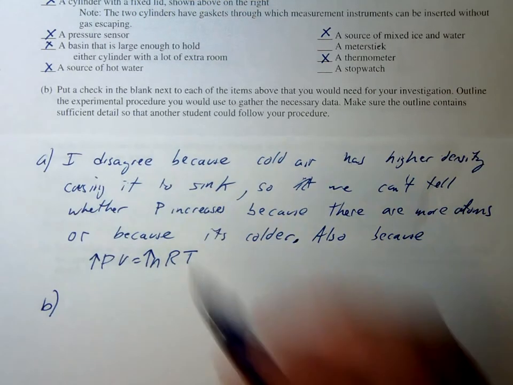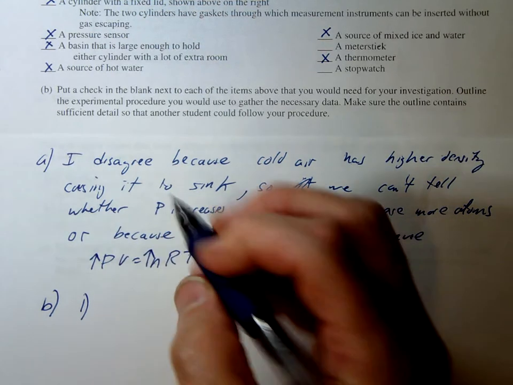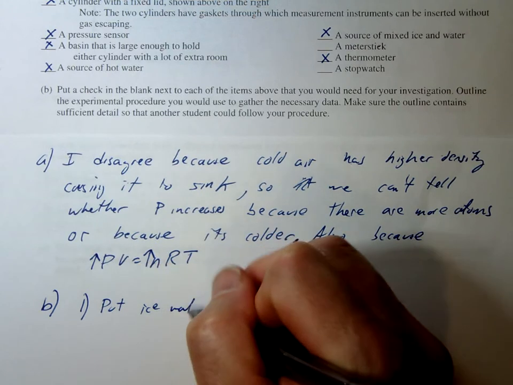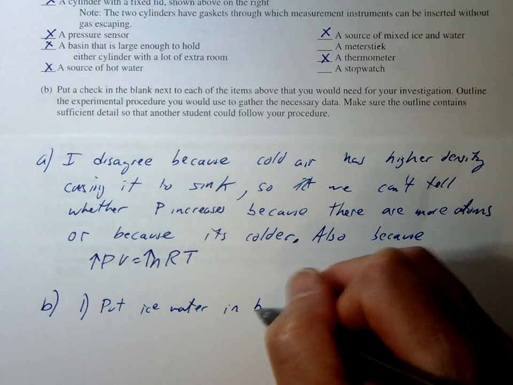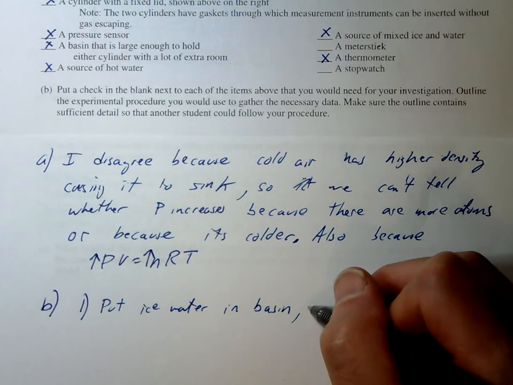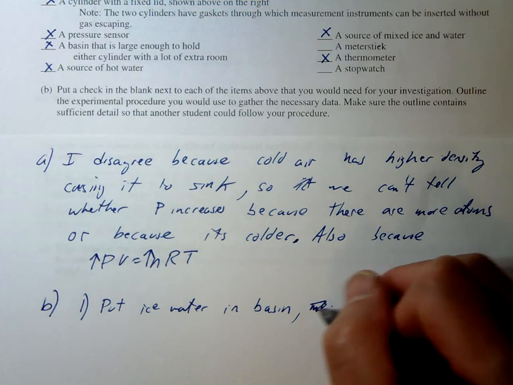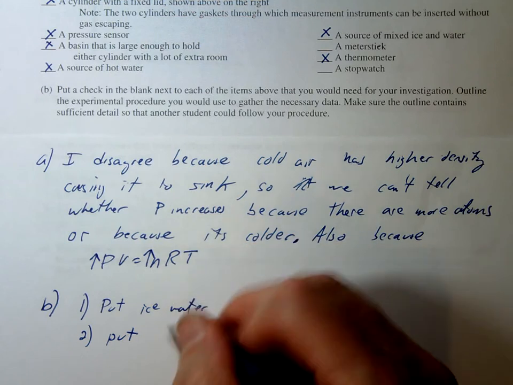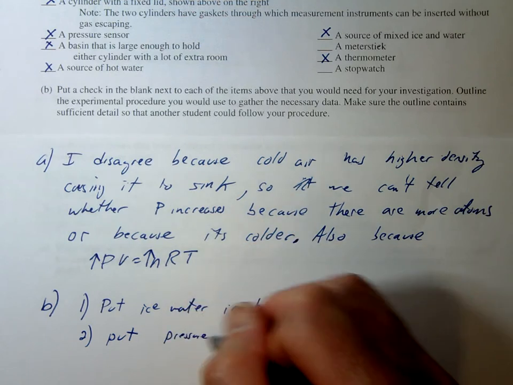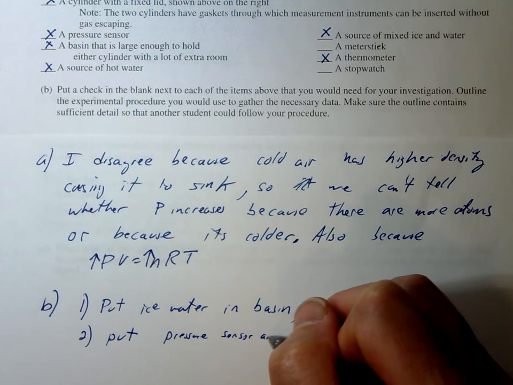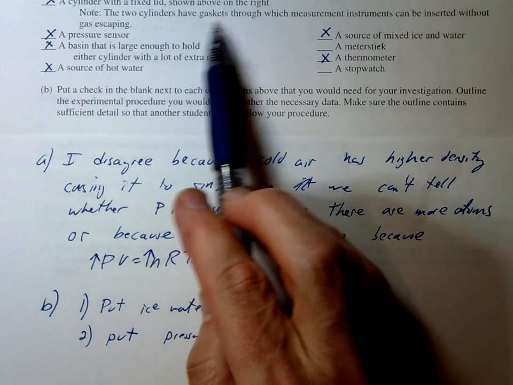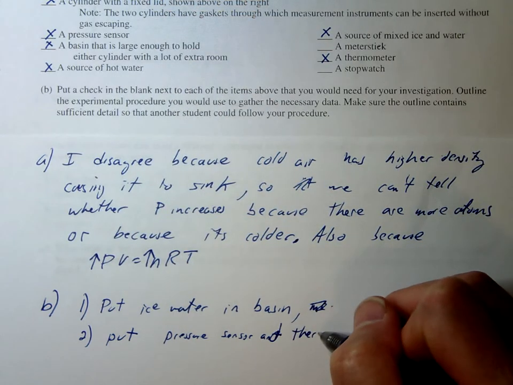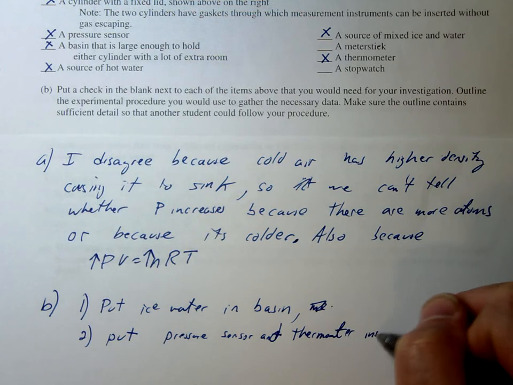Okay, so let's design the experiment. Number 1, let's do the ice water first. Ice water in the basin. Number 2, put the pressure sensor, and can we put the thermometer? Yeah, I guess we can put the thermometer inside the cylinder.